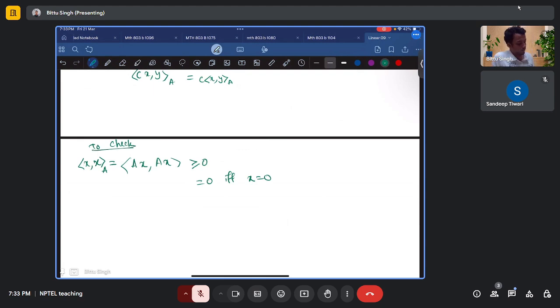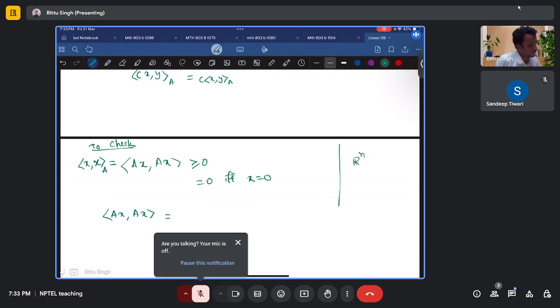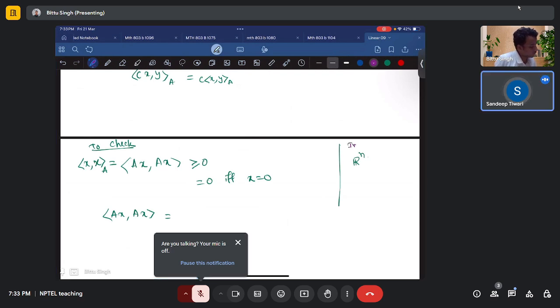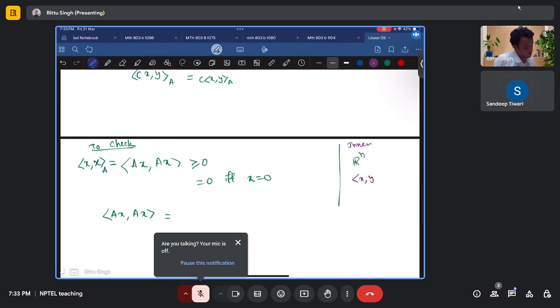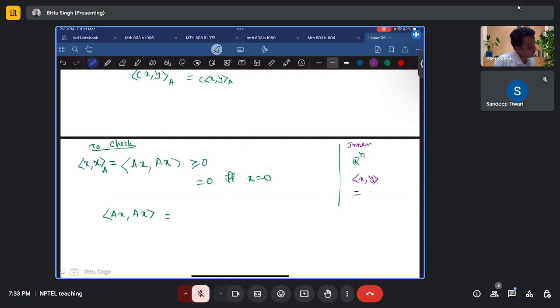So the first one is clear, right? The inner product of Ax comma Ax: recall, how do we define the inner product on Rn? It is the sum of the components xi yi, where x is x1 up to xn.